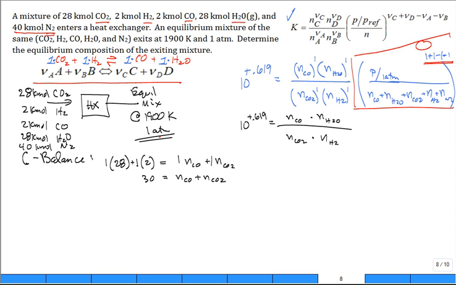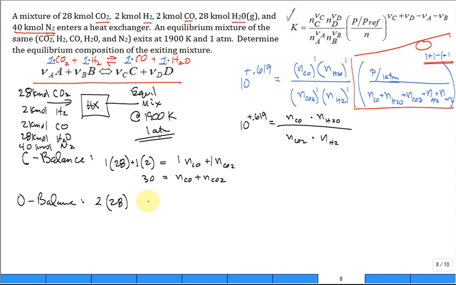Let's do the next balance. What balance do you want to do? Oxygen? Okay, let's count them up. I had 28 kilomoles of CO2 coming in. For every CO2 coming in, that's bringing with it 2 O's. How many with the hydrogen? Nothing. How much with the carbon monoxide?